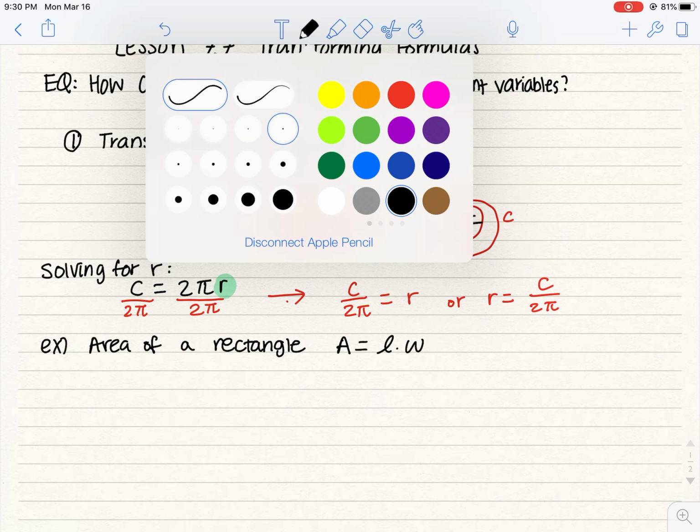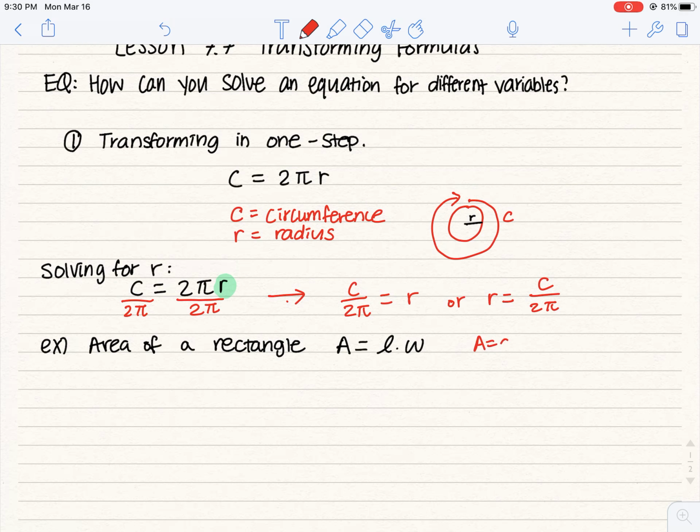So just to make sure, I'm going to write area equals length times width. And let's say I have to solve for length. So I have to solve this equation for length.